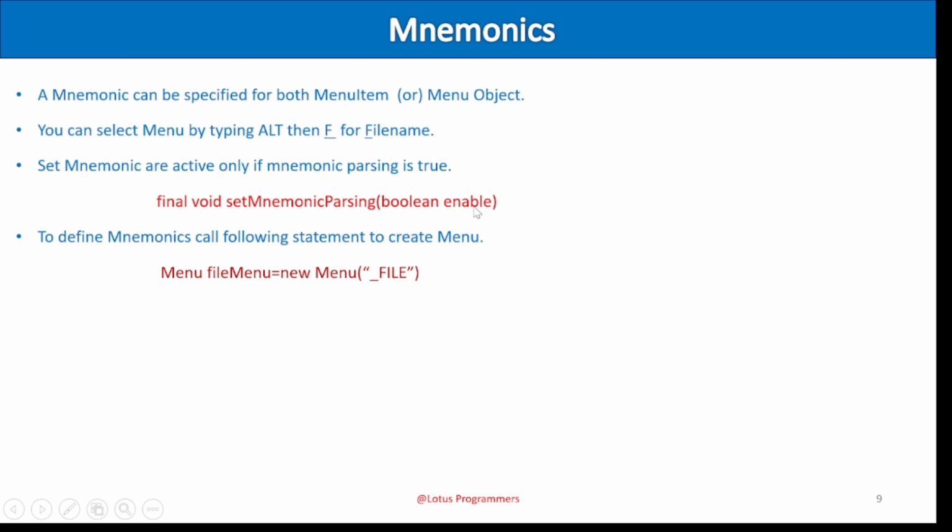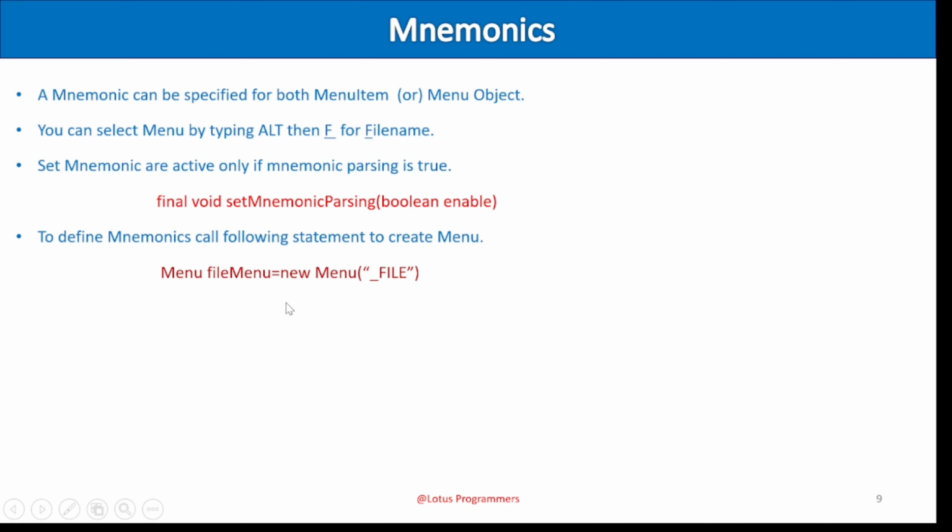When we call this method, that menu or menu item is automatically accessed or controlled through the mnemonics, that means through Alt plus the first letter of the menu or menu item.